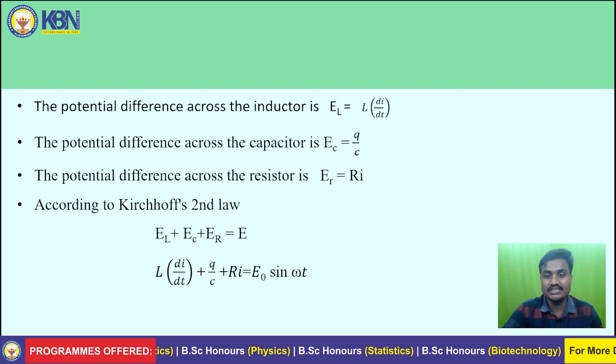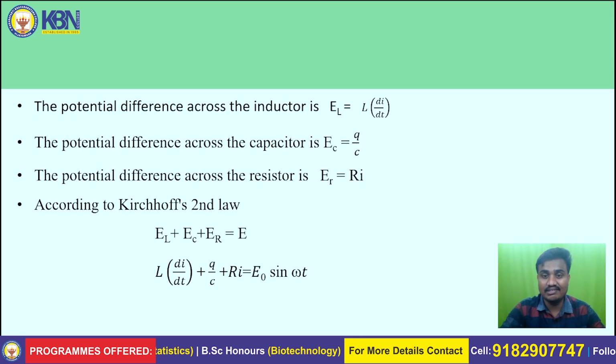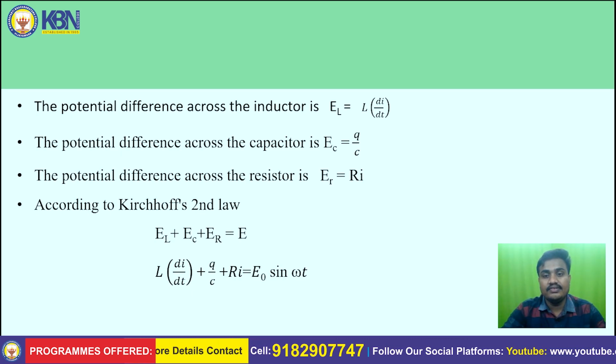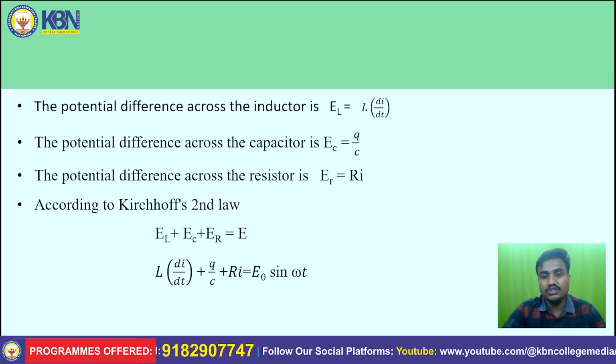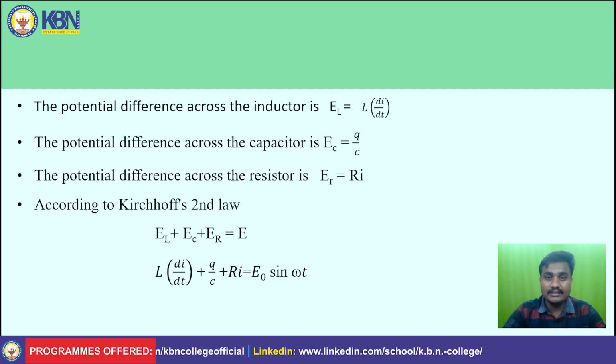The EMF or the potential difference across the inductor is given by EL equals L into di by dt, where L is the coefficient of self-induction, as we have seen in the second unit, and I is the current passing through the circuit. The potential difference is the product of the coefficient of self-induction and the rate of change of current.